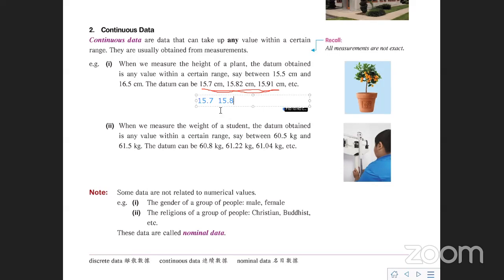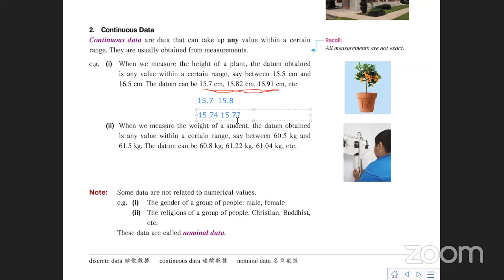It seems that it is discrete, just like the last one. But if I have a very accurate measurement tool, then I may have something like 15.74, and then 15.777.